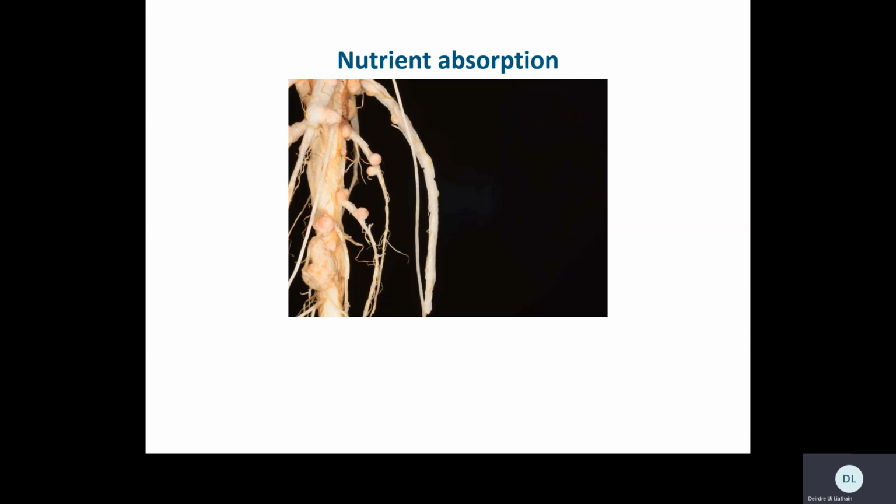Okay, so let's look at the benefit here. What do these little bacteria do for the plant? Well, those bacteria actually take nitrogen from the soil and they change it into nitrate, which is a chemically active form of the nitrogen that the plants can actually use. So you may have come across the word nitrate before. Any of you that would have seen fertilizer spread at home might have been using calcium ammonium nitrate, which is a straight nitrogen fertilizer.